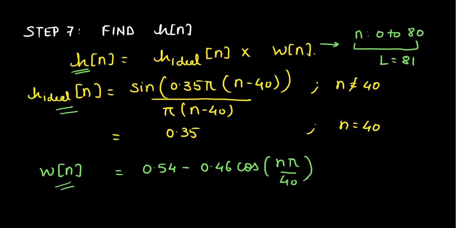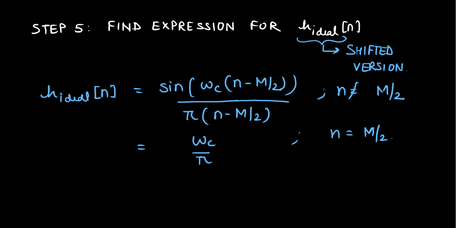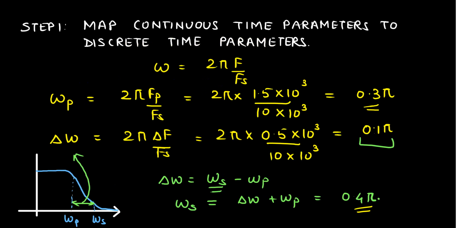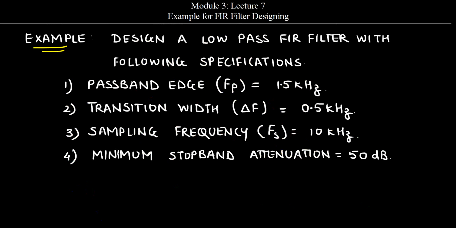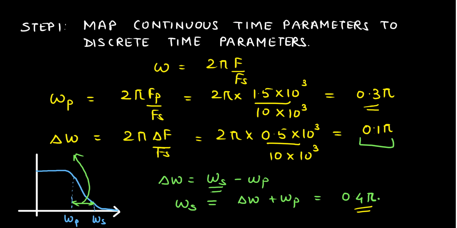So in this lecture, we have seen how to design a FIR filter using the given specifications. In general, the specifications are mostly mentioned for the frequency domain for the continuous time signals. So the first step is to map these continuous time parameters to the discrete time parameters.